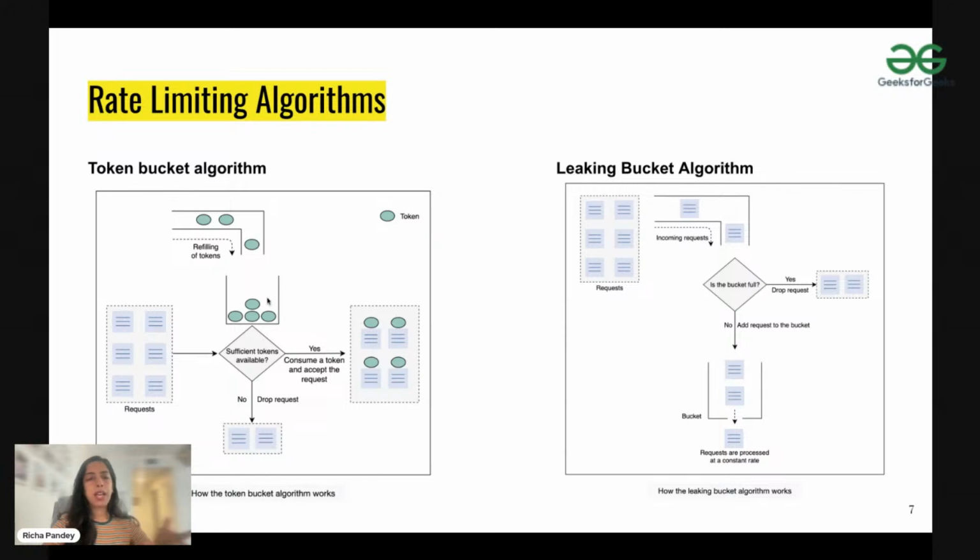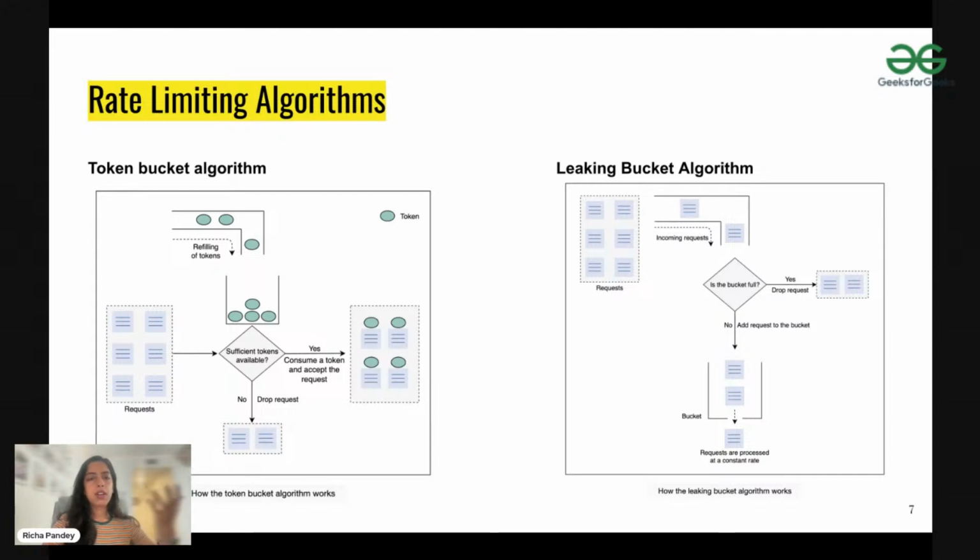Now, at the end of the first minute, the tokens will be refilled. All four tokens will be added to the bucket. So at the start of the second minute, we will already have the new tokens added to the bucket. We will have a fresh four tokens. Now again, the same thing can repeat.